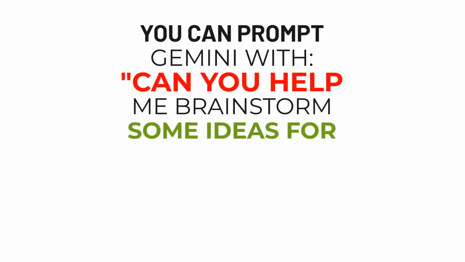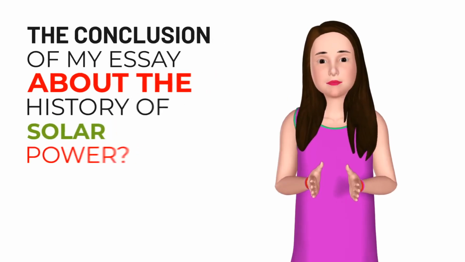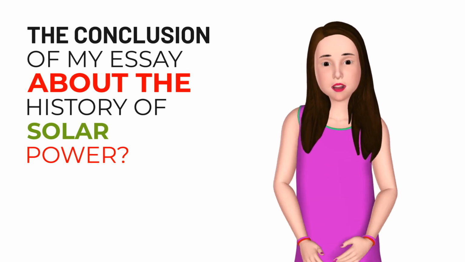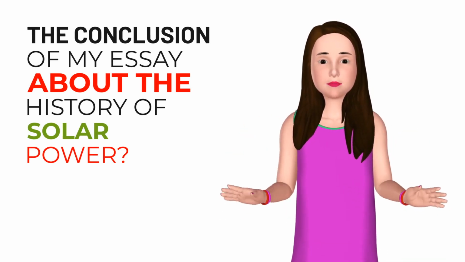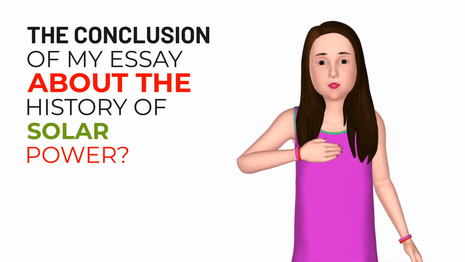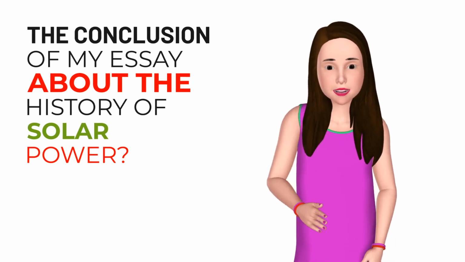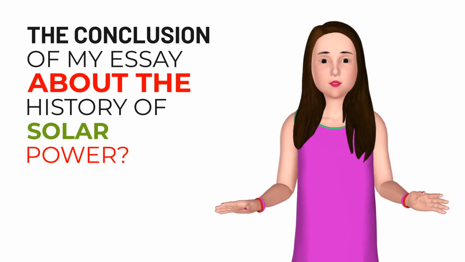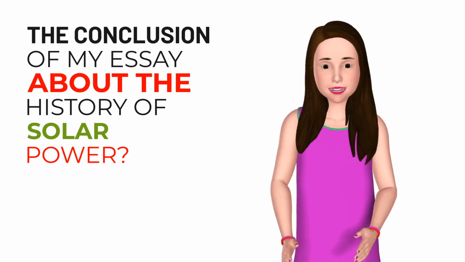You can prompt Gemini with, "Can you help me brainstorm some ideas for the conclusion of my essay about the history of solar power?" Maybe highlight its future potential. Gemini can generate creative text formats or outlines to get you going.